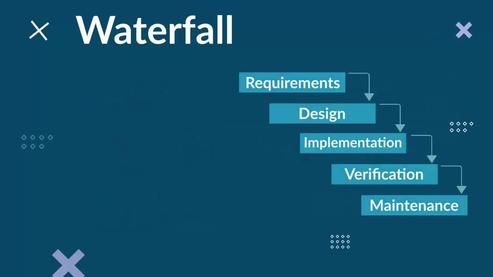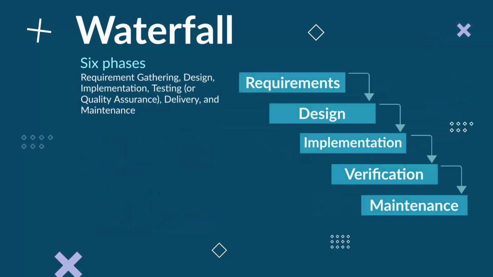The Waterfall methodology includes 6 phases of project management: requirement gathering, design, implementation, testing or quality assurance, delivery, and maintenance. These phases are performed in a strict order, with each phase beginning after the end of the previous one.